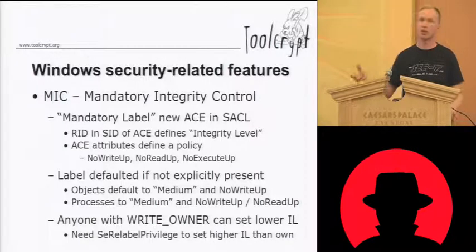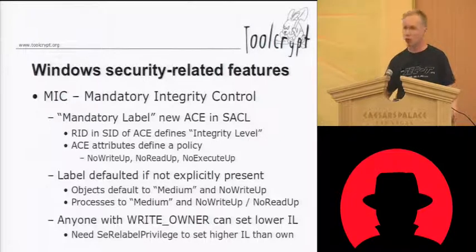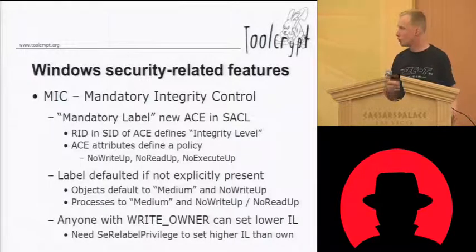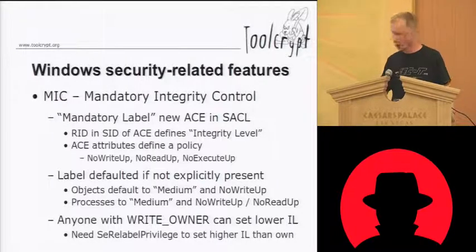Anybody that can actually set permissions on a resource can set a lower integrity level than that process or thread themselves is running as. To actually raise the integrity level of a resource or a process, you'd need a specific SeRelabel privilege to do that.